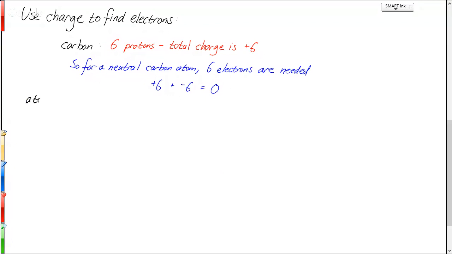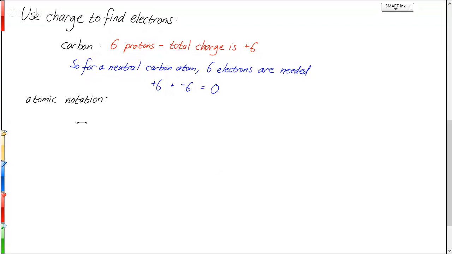Before we do that, we just need to look at one more thing, how we write these things. So normally when we write atoms, we just write the symbol. We talked about that on Tuesday. You just write down the symbol. But when we want to specify the amount of mass or the amount of neutrons or protons, we use a different notation where we put little numbers by there.